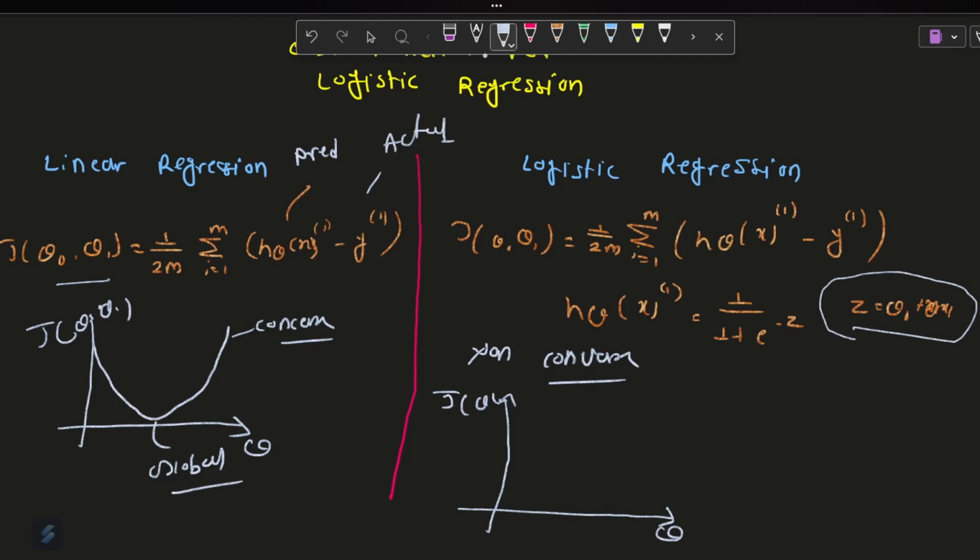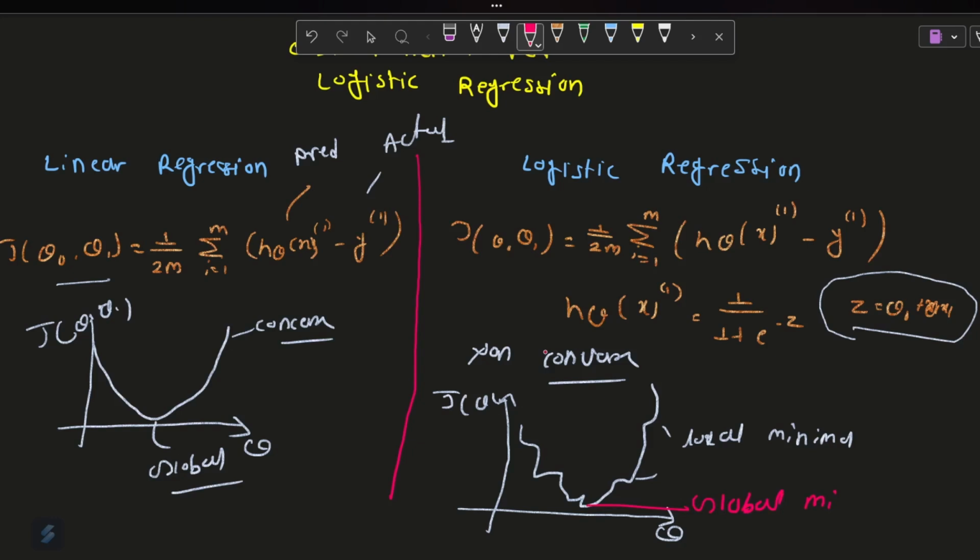But when you draw the cost function of logistic regression, the graph looks something like that. It's a non-convex function, right? And these are all local minima, and this is the global minima, right?